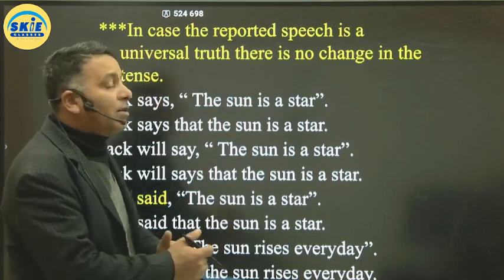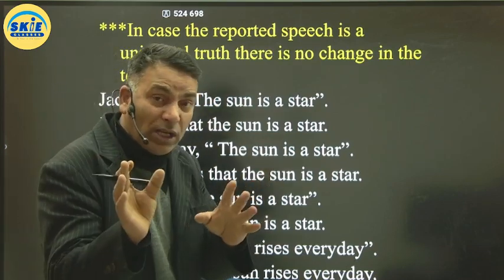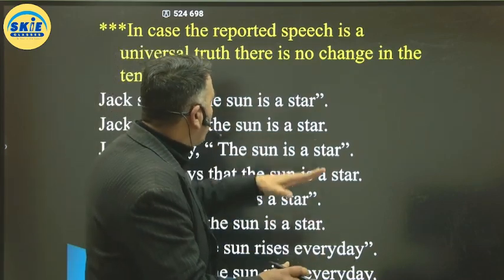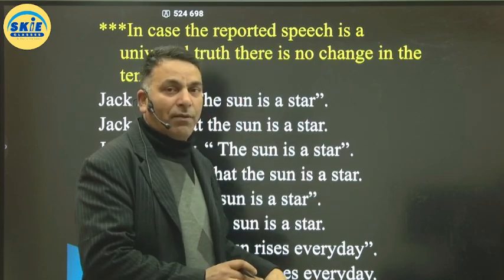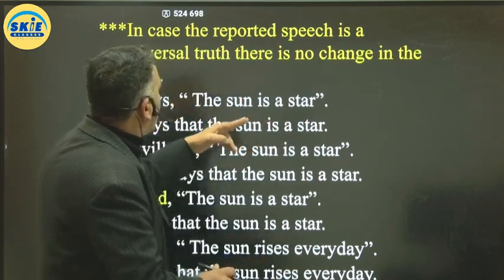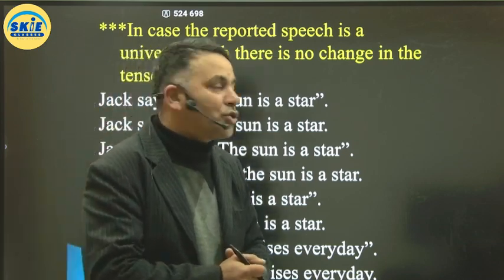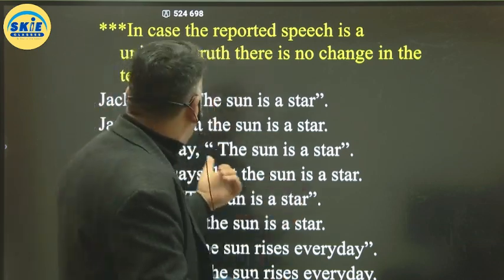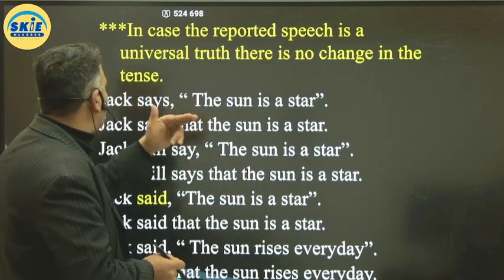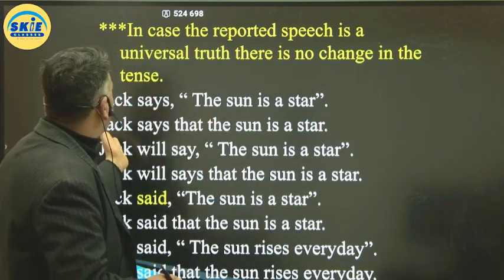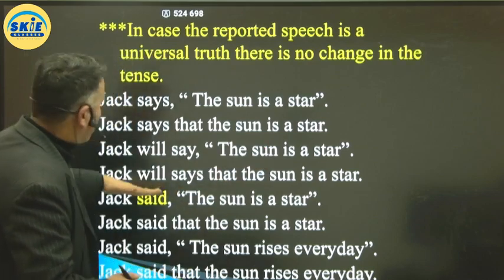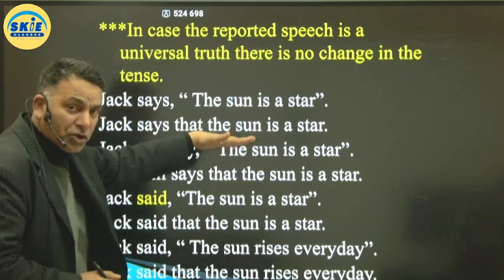Now we are not talking about the reporting verb, but about the reported speech itself. In case the reported speech is a universal truth, there is no change in the tense again. For example, Jack says the sun is a star. Jack says that the sun is a star. So the reporting verb is present and the reported speech is a universal truth.